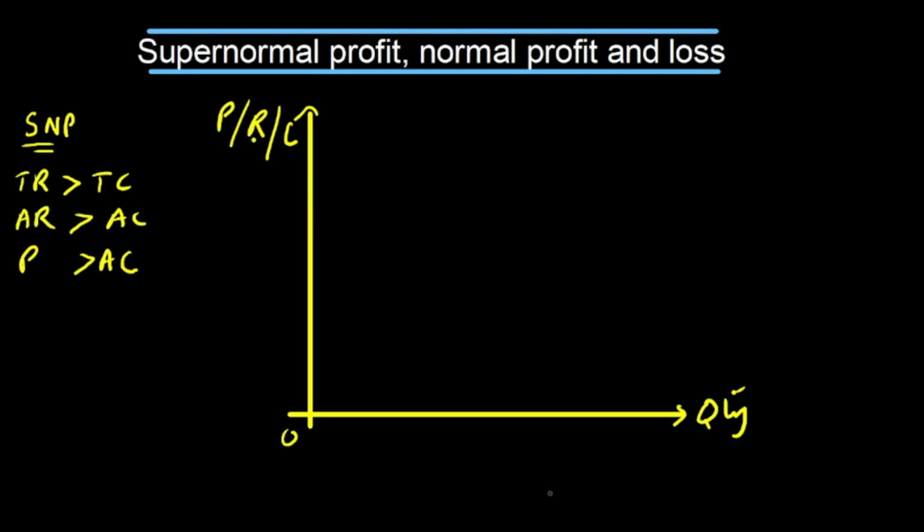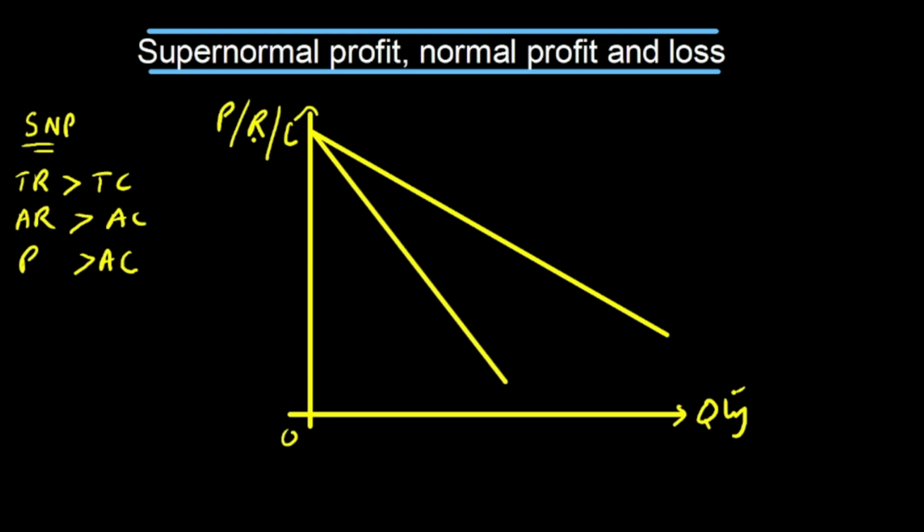So PRC stands for price, revenue and cost. And then we have to draw the average revenue curve that is negatively sloped like this, like a normal demand curve, and marginal revenue will be the shadow of average revenue. We label it as AR, that is equal to demand, and this is MR, which is marginal revenue.